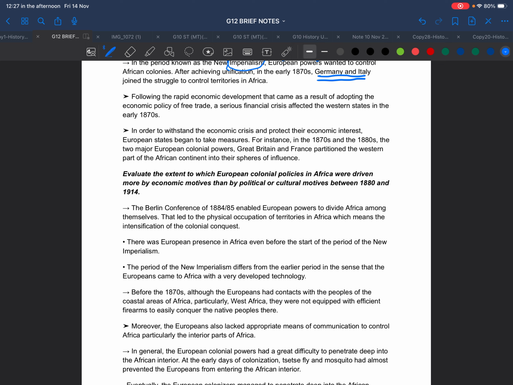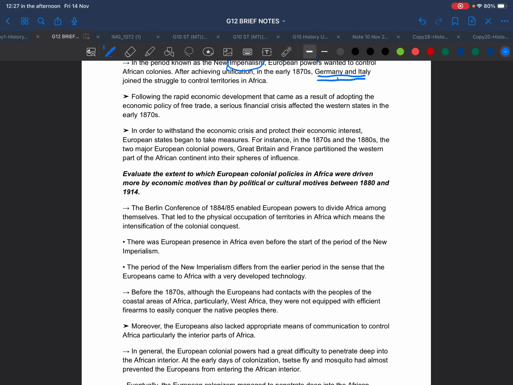Germany, especially, as we will see later on, claimed and even controlled Mozambique in the east of Africa, Southwest Africa, nearby South Africa, what is called Namibia today, and further in West Africa, Cameroon and Togoland.